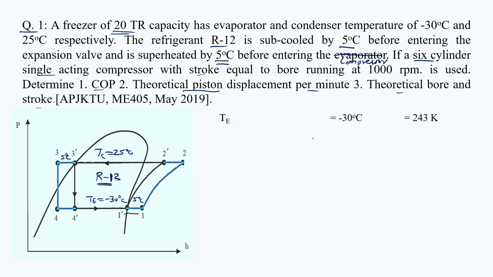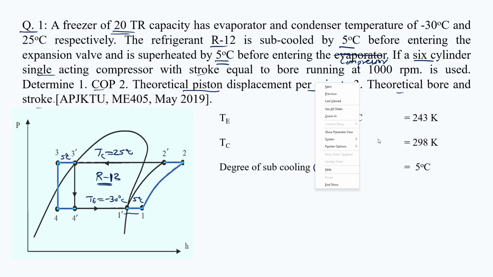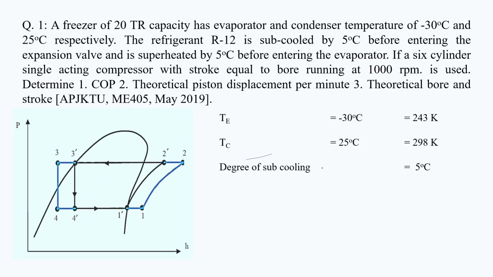The data given is mainly the evaporator temperature as minus 30 or 243 Kelvin, the condenser temperature as 25 or 298 Kelvin, the degree of subcooling as 5 degrees Celsius, that is nothing but T3 dash minus T3. Also, the degree of superheating is given as 5 degrees Celsius, that is T1 minus T1 dash.